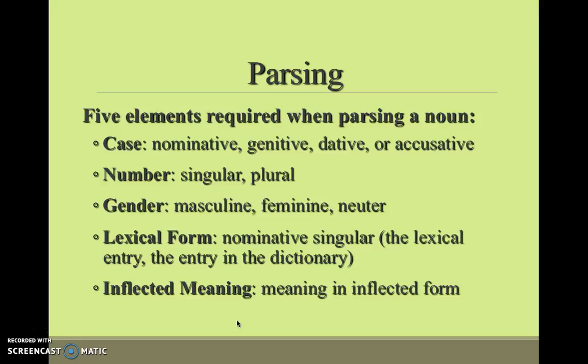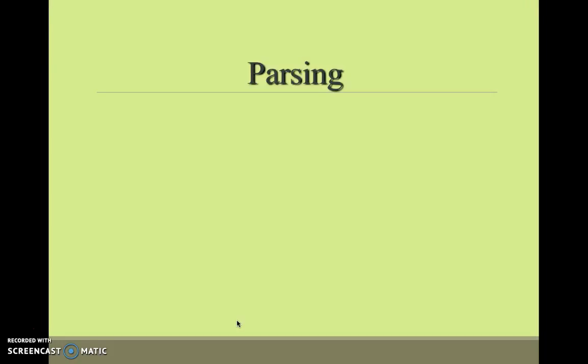So there may be another word added like that, to or for a word or by a word. The inflected meaning adds, sometimes, additional words to show how we're translating a particular word in its inflected meaning in a sentence.